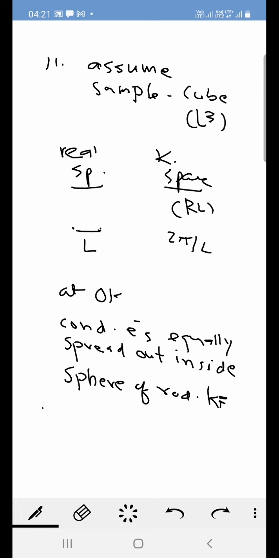And the volume of the sphere is 4/3 pi r cube. It's 4/3 pi Kf cube. That means that is the volume in the reciprocal lattice.